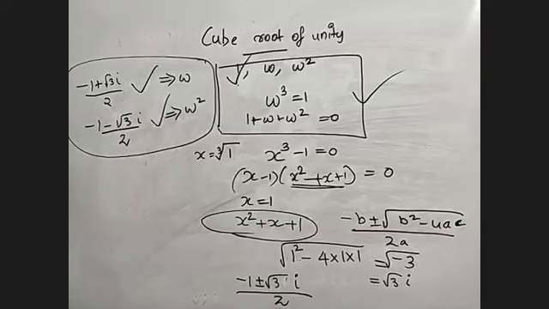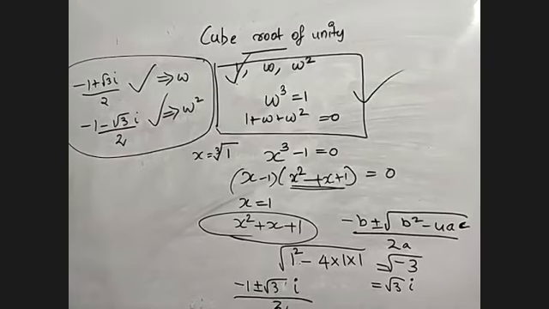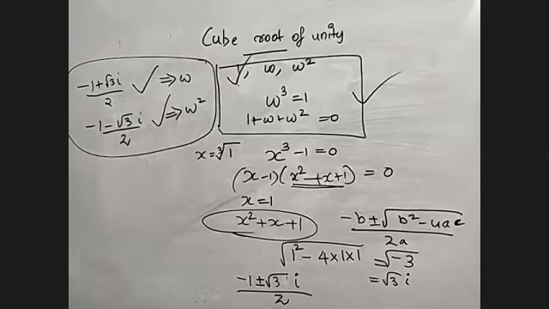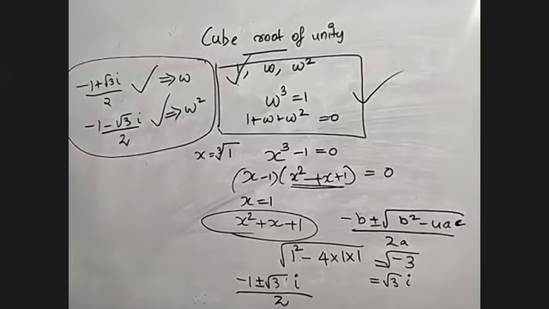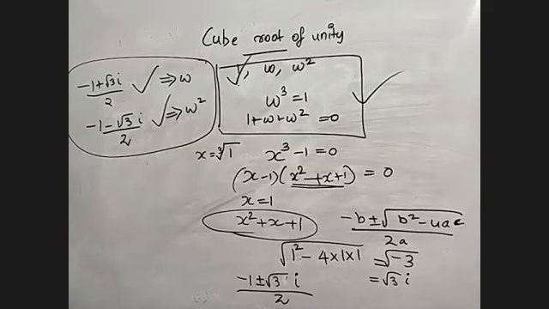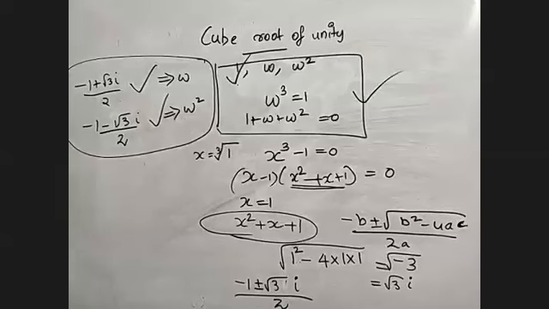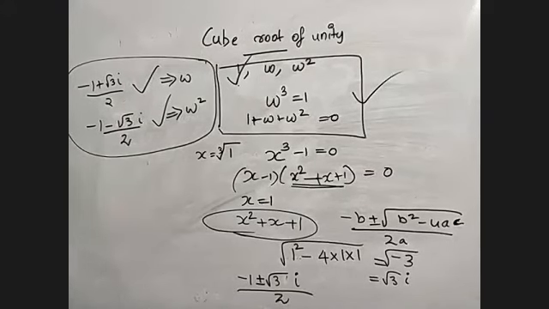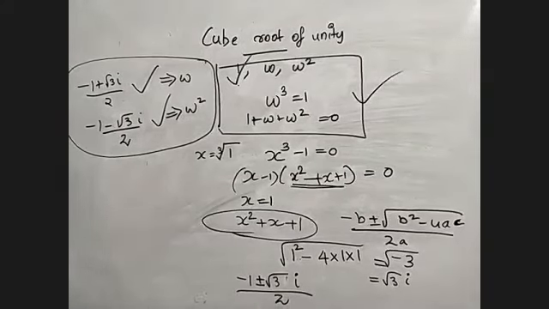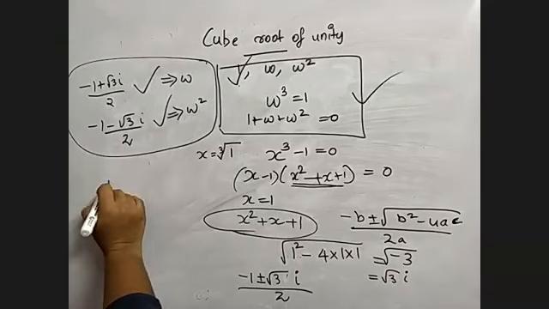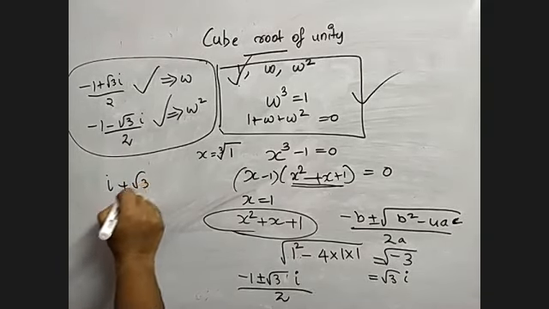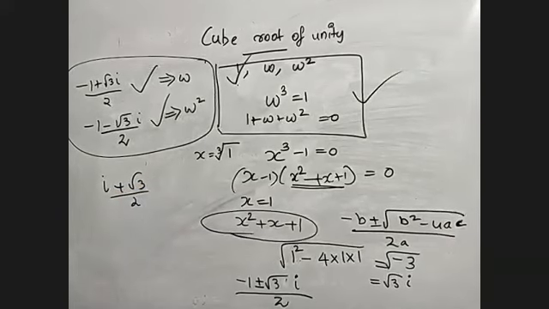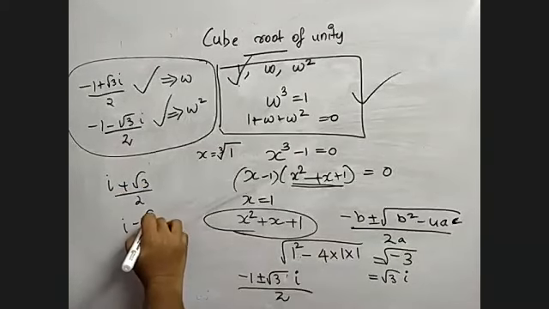Yesterday we saw one problem, no? One question was there: (1 plus root 3i by 2) the whole raised to 2019 plus (1 minus root 3i by 2) the whole raised to 2019. So that question is based on this. In that question they have given something like this.